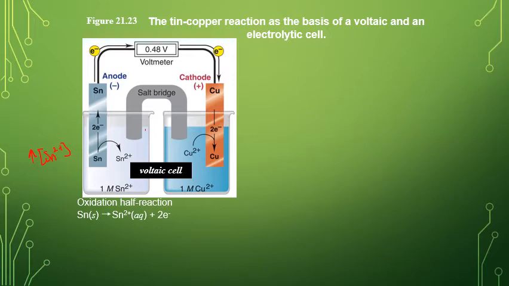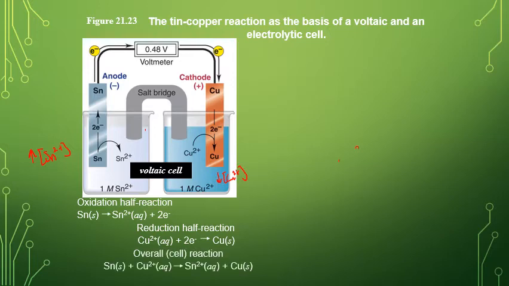For the reduction, we have the copper 2+ ion reacting with 2 electrons to form copper as a solid. So remember, the cathode is going to increase in its mass as the reaction progresses. And you can see here that, again, the concentration of the copper 2+ ion in the solution would decrease.